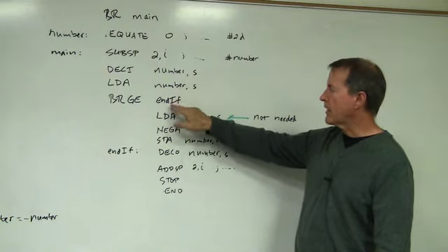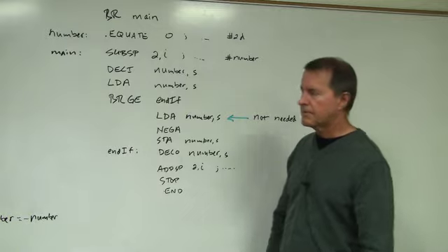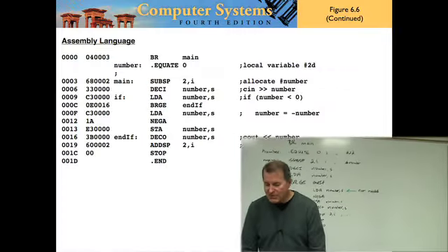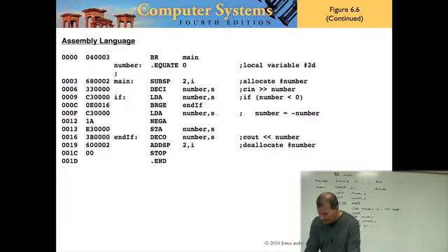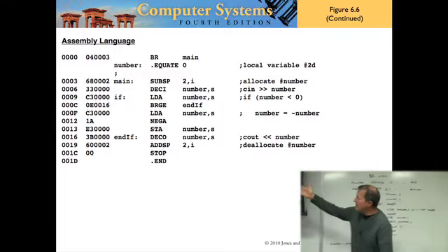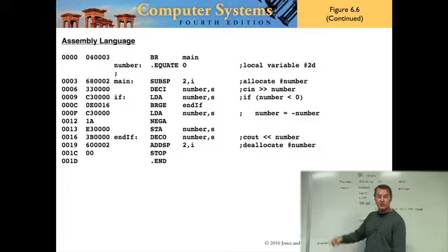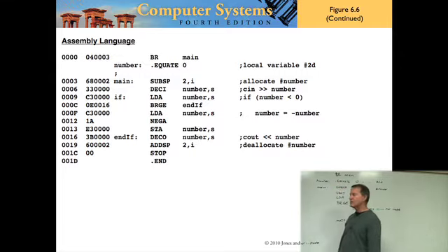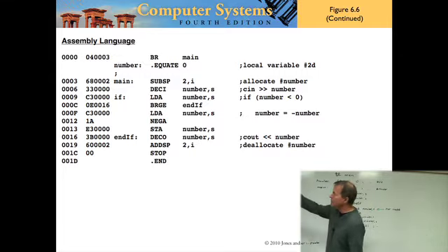Because in C++, we're asking whether or not number is greater than 0, or less than 0. Oh, I see what you're saying. If we go back to the original, we said if number is less than 0, so it only works if it's 0. If that were not 0, then we would actually have to do a compare. Yes, back here on the original program, the only reason this works is because we say if number is less than 0.